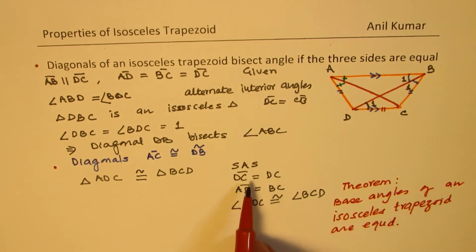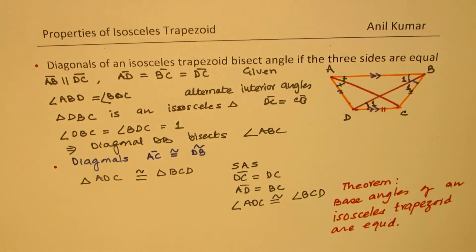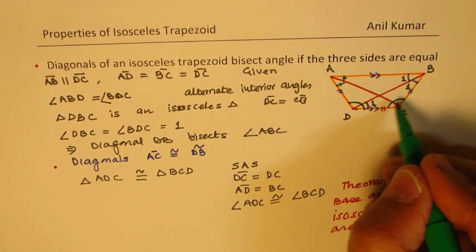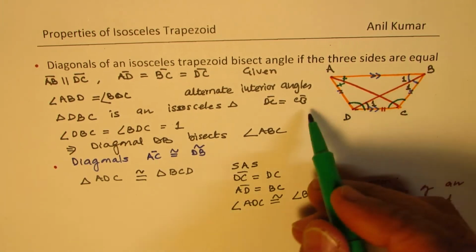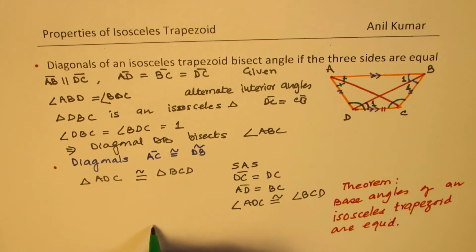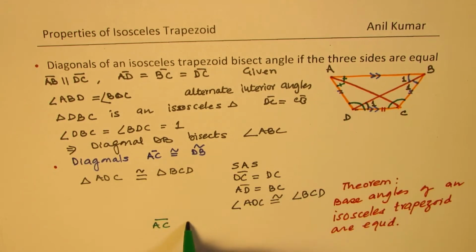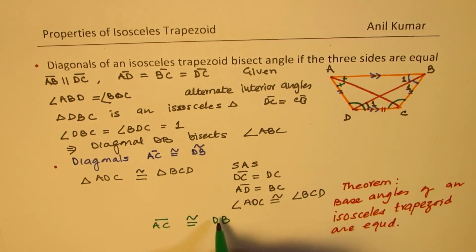So from that theorem, we know that these two angles are equal, right? And therefore, those triangles are congruent. Perfect. Now, once the triangles are congruent, we know that AC, which is part of one triangle, is congruent to DB, which is part of the other triangle. Is that clear to you? So that is how you get both the parts of your question.